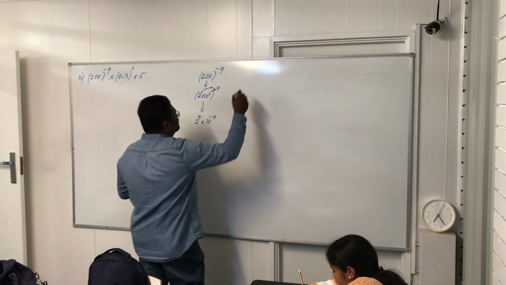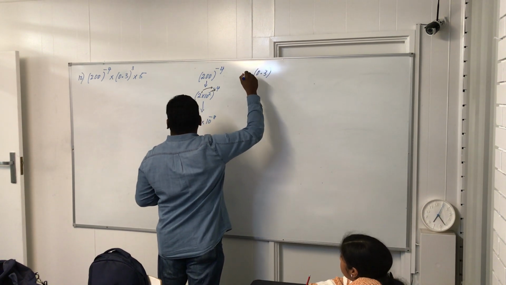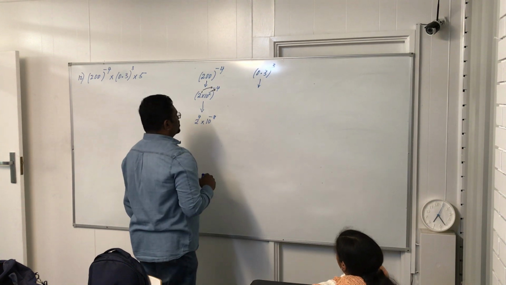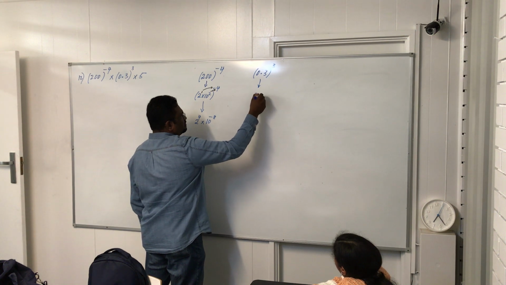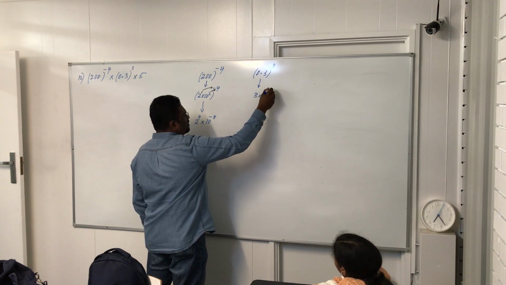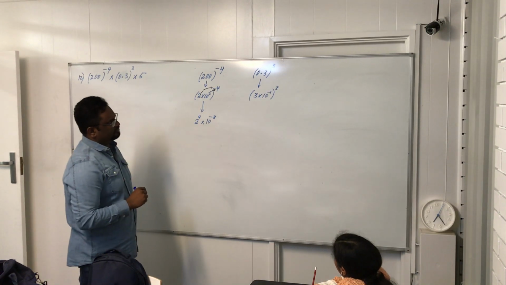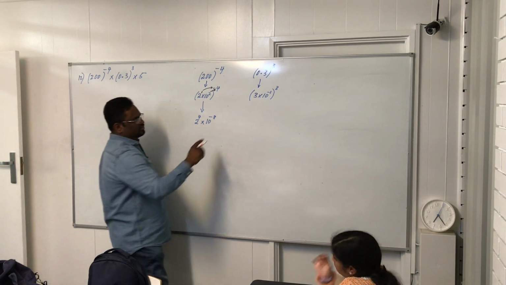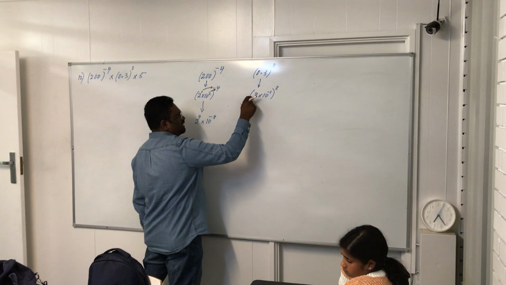What about this one? 0.33. So that would be 3 times 10 minus 1, to the power 3. Yep. How do you check? 10 minus 1 means this decimal goes 1 position left.